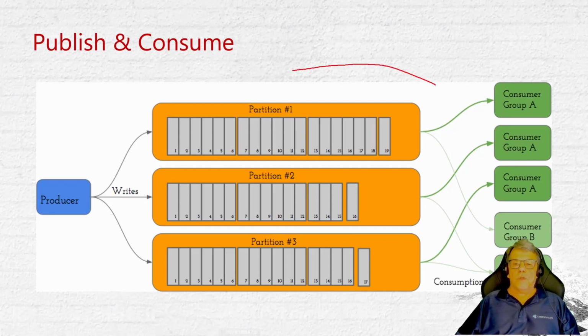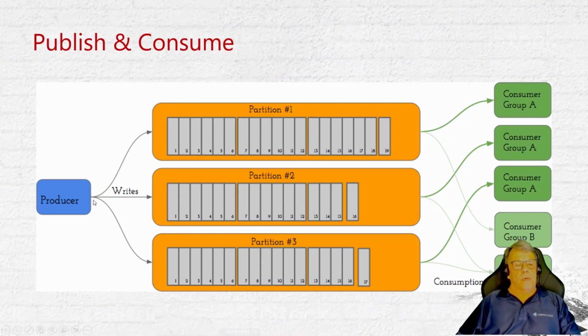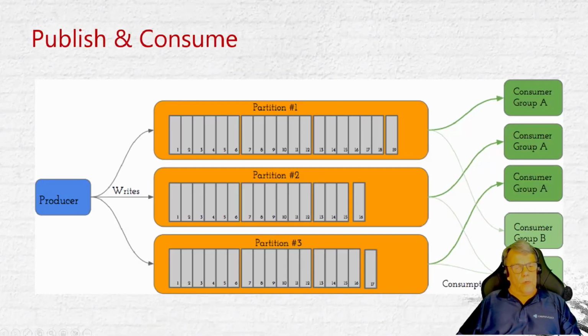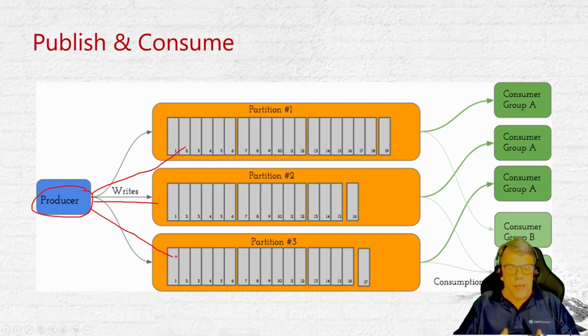So this whole thing here is a topic, right? And the producer is calculating which partition to write the message to, based upon the key in the record, in the event. And then that record, that event will end up on a partition at an offset of that particular partition.